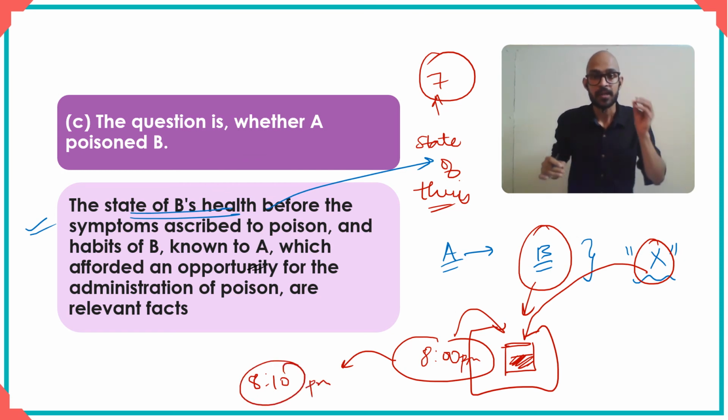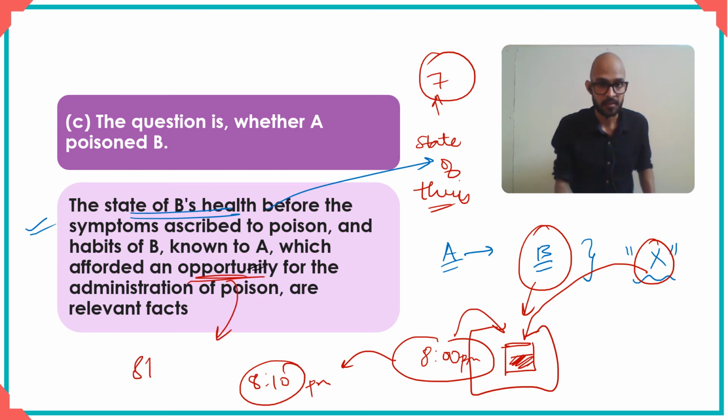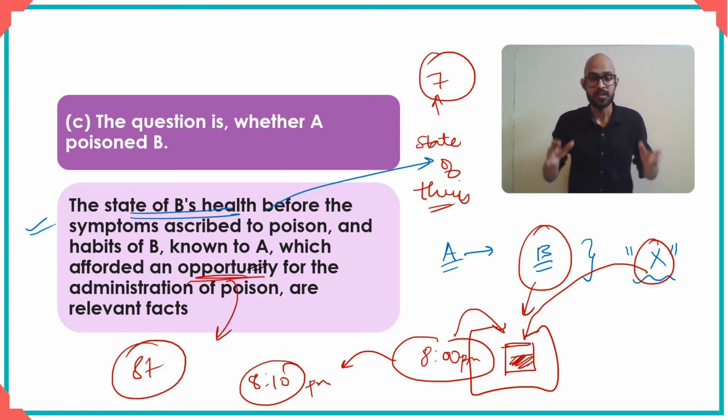So now it affords him an opportunity to do that. Again, opportunity is something which is relevant under section 7. So when you see any of these words, the fact becomes relevant under section 7, and that is how you understand the width of any given section.